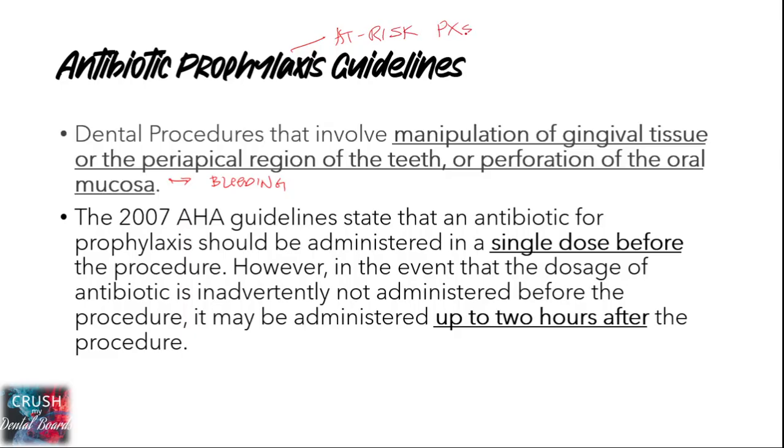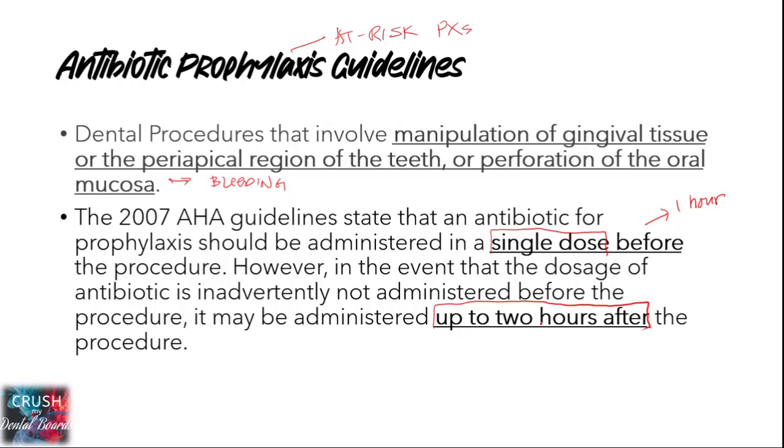patients. Okay? Now, we said earlier that antibiotic prophylaxis should be administered in a single dose before the procedure. And we said 1 hour before the procedure. However, in the event that they forgot, or the patient came into your office and you didn't know, you can still prescribe the antibiotics to them, and they can take it up to 2 hours after the said procedure.